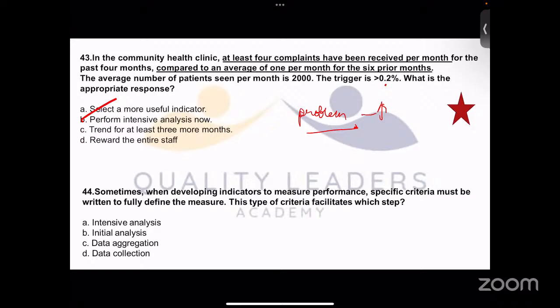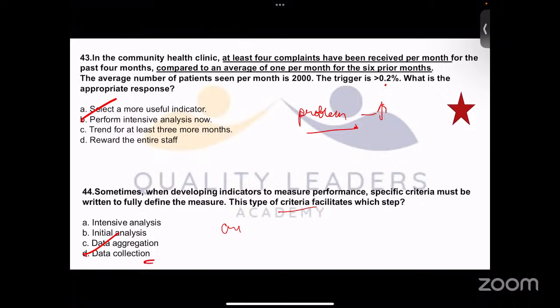What step does this belong to? So before the data collection, I must define the criteria. Okay, criteria for the data. What does this step help with? Okay, data collection. Since I am defining the criteria before collecting the data, this step falls under data collection.